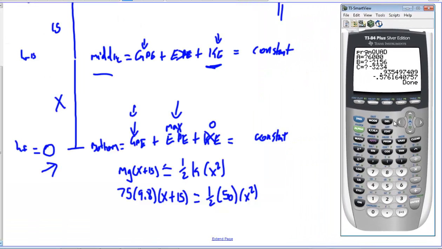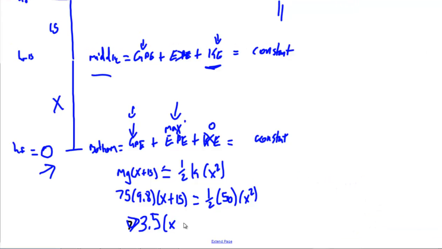So here's my calculator. Clear all that junk out of it. 75 times 9.8, enter. 735 times (x plus 15) equals 25x squared.